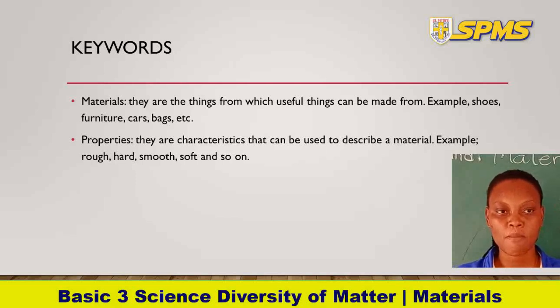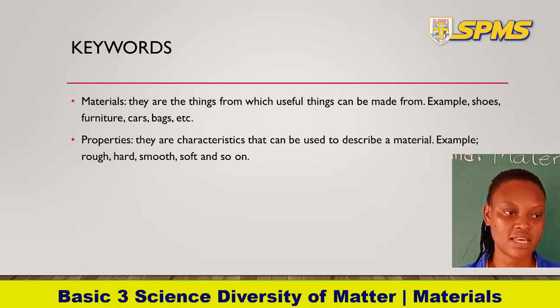So materials are the things from which useful things can be made. For example, shoes, furniture, cars, bags, etc. So these are the useful things that are made from the materials or from things.